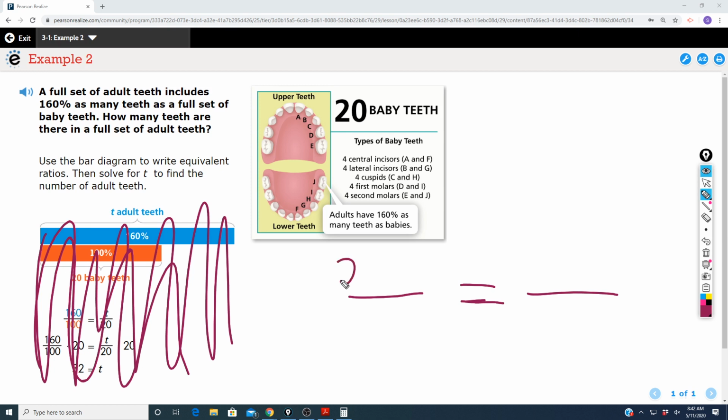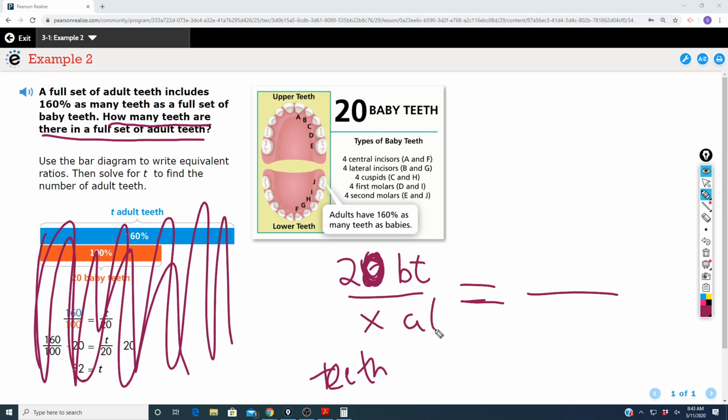So there are 20 baby teeth. I'm going to call it BT. Okay, 20 BT. What are you trying to find in this question? How many teeth are there in a full set of adult teeth? Let's keep our teeth to one side of the equivalent ratio here. So in this instance, it would be X adult teeth.